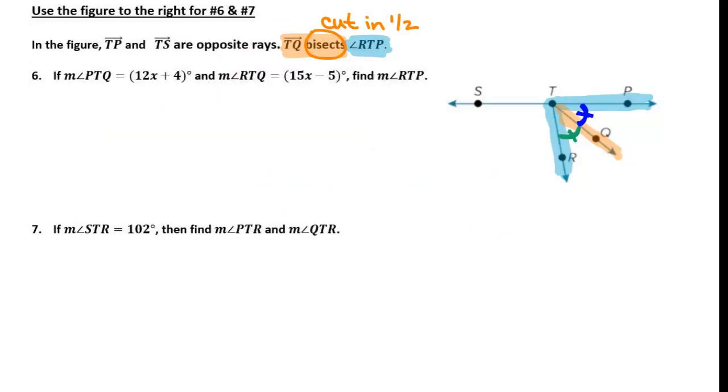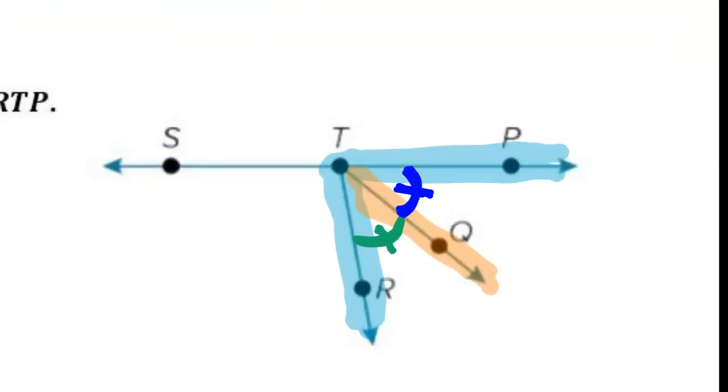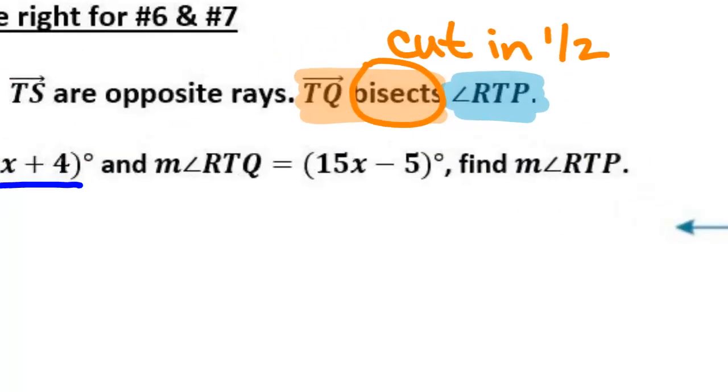The top angle is angle PTQ. And here in number 6, it says that that is 12x plus 4. So this would be 12x plus 4 degrees. Then it goes on to tell us that RTQ is 15x minus 5.